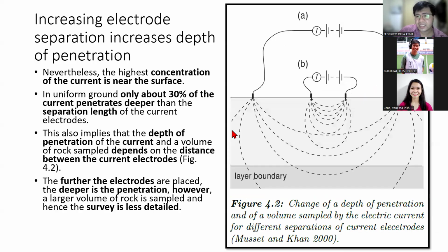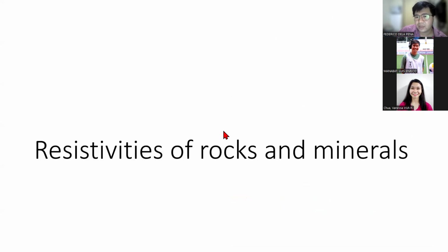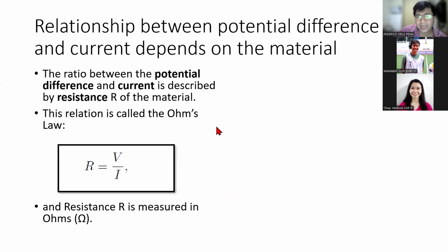At this point it would be important to go back to our Ohm's law. We already know the voltage from our survey. We also know the current, and therefore we can now solve for our resistance.